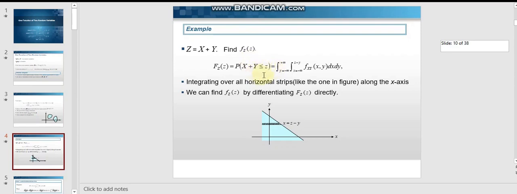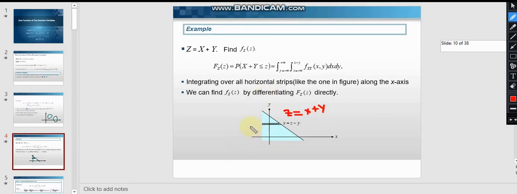So what we will do, we will integrate. There are two ways. This strip shows the region which describes the new variable Z, which is equal to X plus Y. There are two ways this integral can be solved.